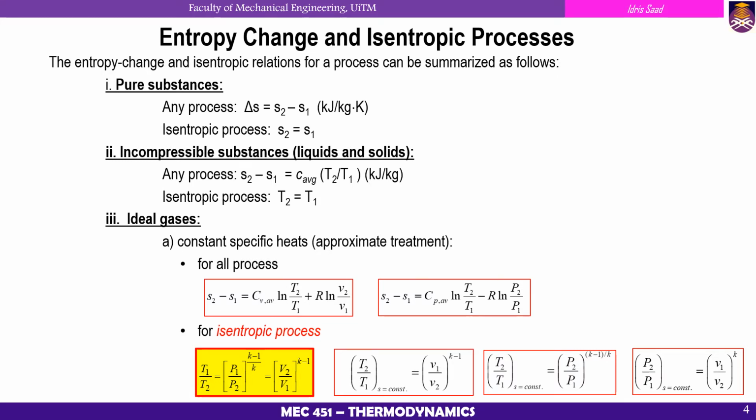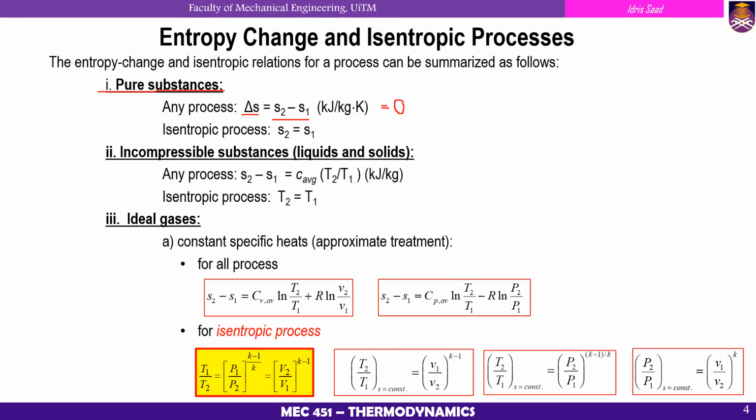Okay, the first one is for the pure substance. In the case of the pure substance, we can write delta S, or the change of entropy, equal to S2 minus S1, and this answer is basically equal to 0.